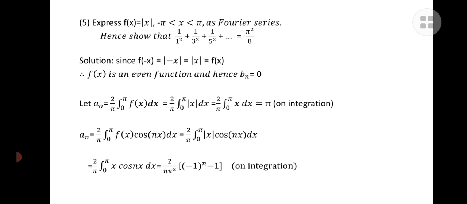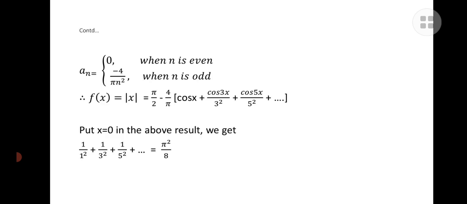And the a_n value is equal to 2 divided by pi integral 0 to pi f of x cos nx dx. F of x is mod x, and on integration we get 2 divided by n squared pi into bracket (minus 1) to the power of n minus 1.